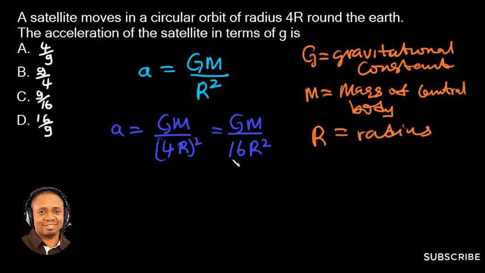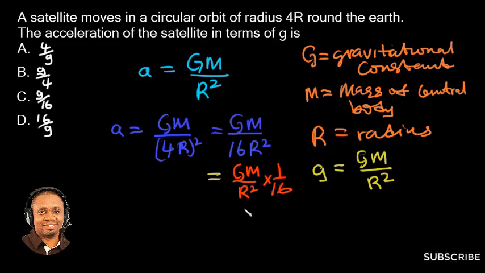Then we need to remember that g is equal to GM over r squared, and that would bring us to splitting this up. So we're going to have GM over r squared times 1 over 16.